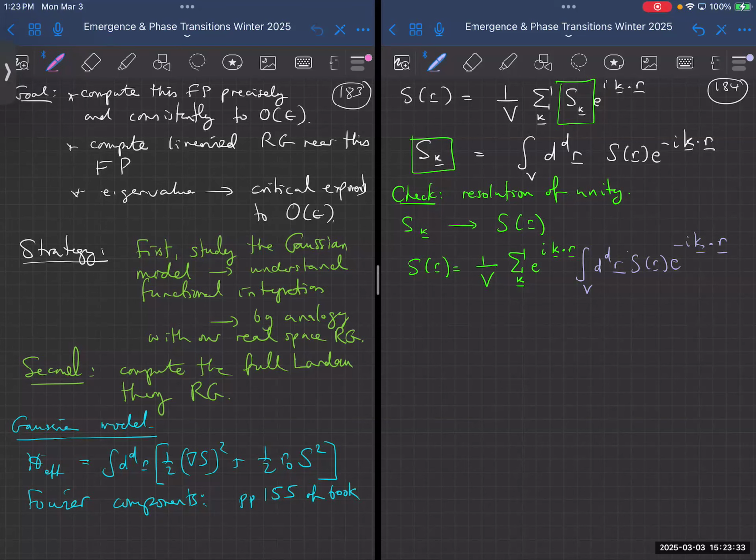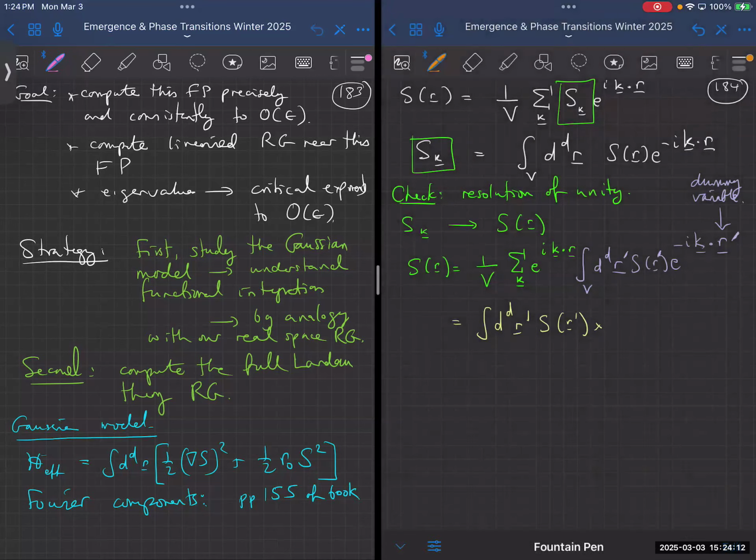Great. This is a dummy variable. So it's not the same thing. Okay. So then I can say that this thing should equal the integral d^d r prime S of R prime times stuff.